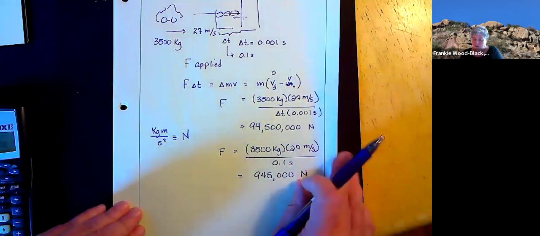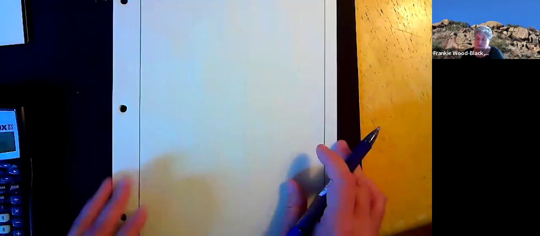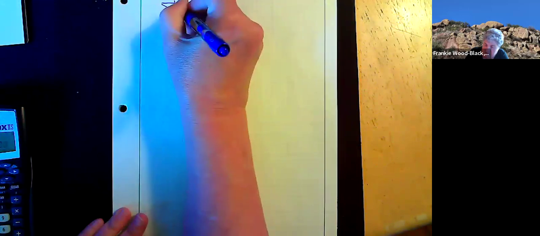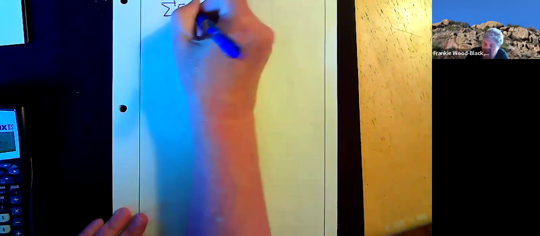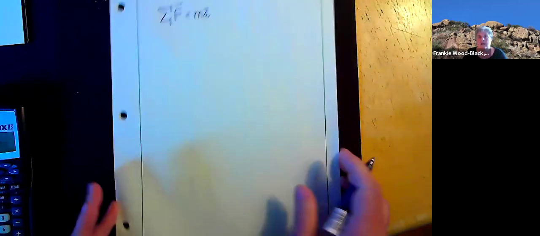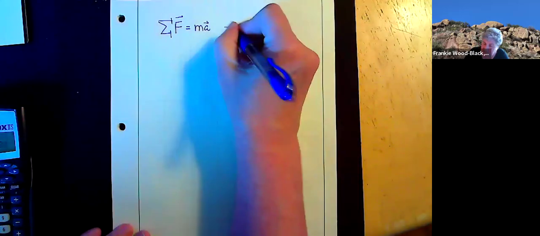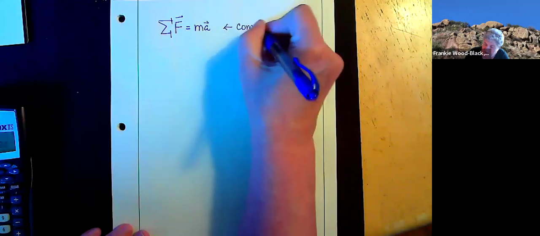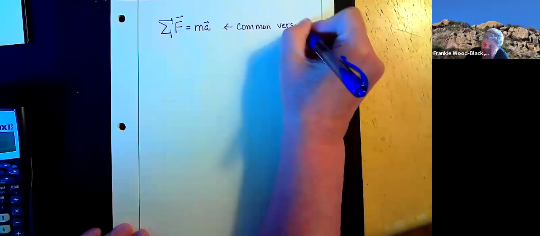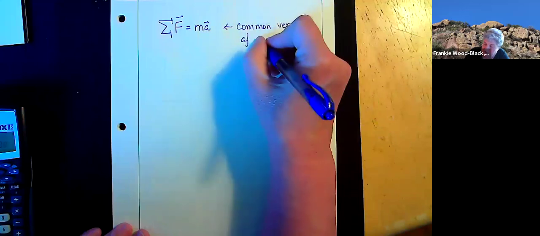So basically, I've got my summation of forces is equal to mass times my acceleration, and this is the common version of Newton's second law.